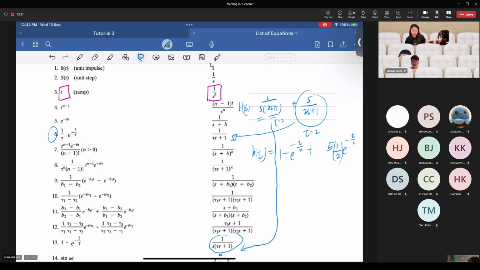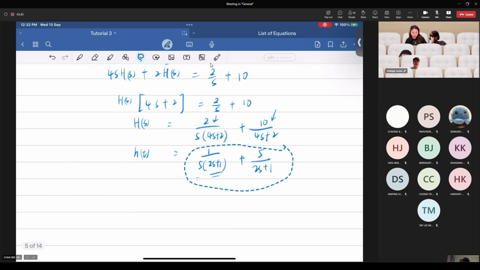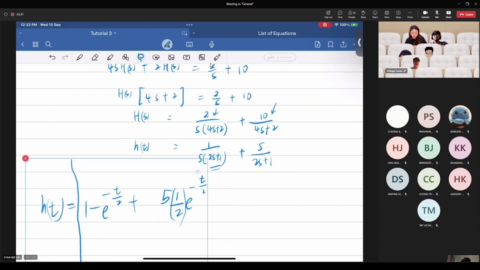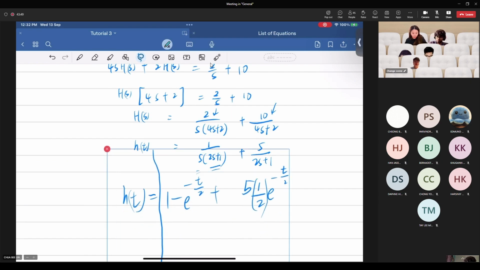Okay, then you can copy this answer into your solution.